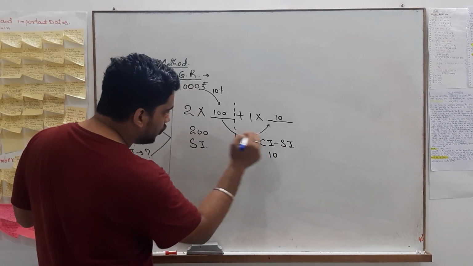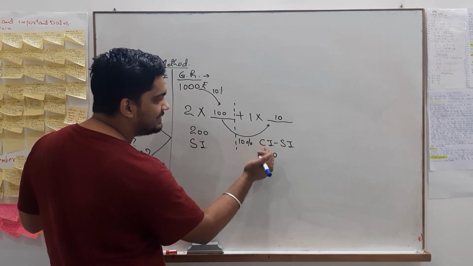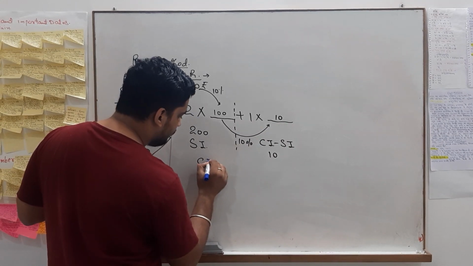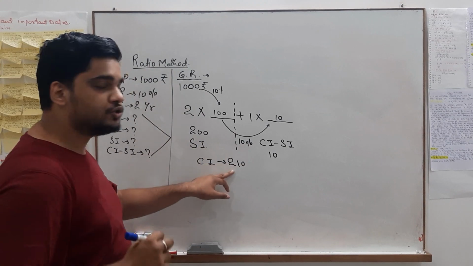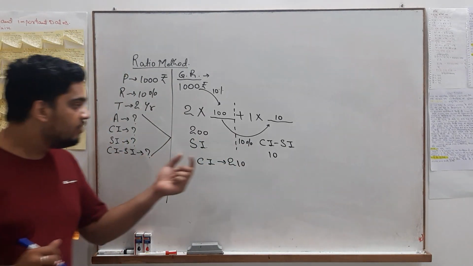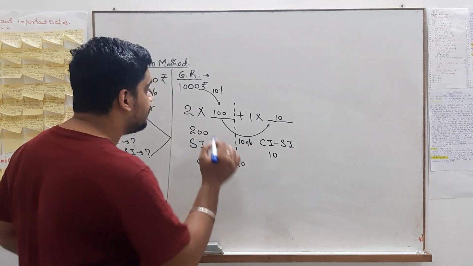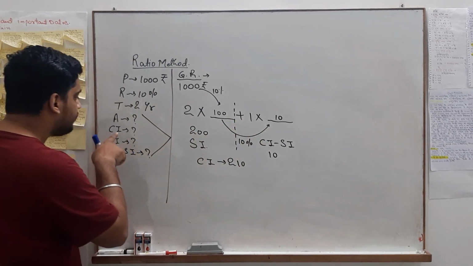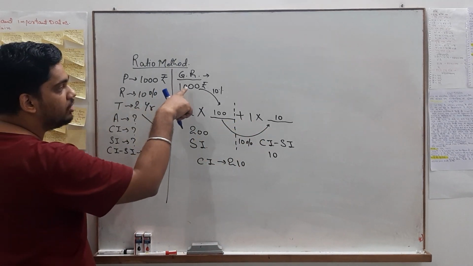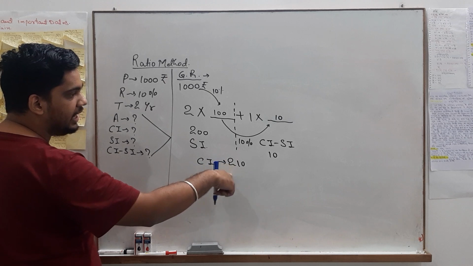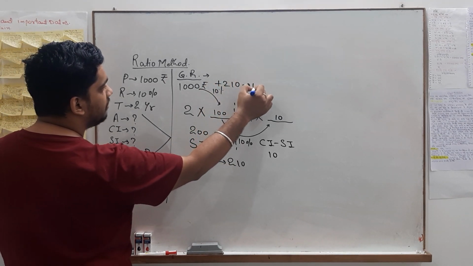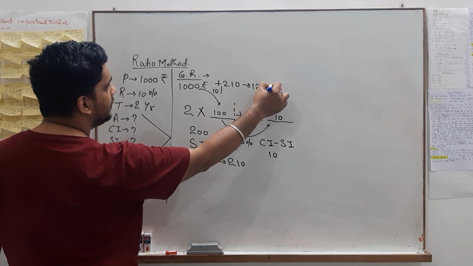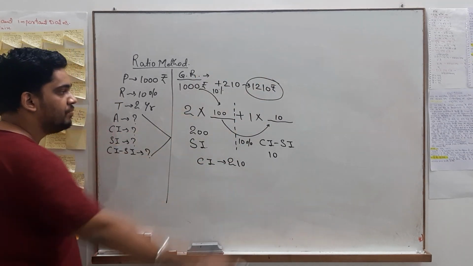The total of SI and CI minus SI will be equal to CI, which is 210 rupees. Now if we talk about amount, the principal was 1000, the total interest on it is 210, so the total amount will be 1210 rupees, and this will be the final answer.